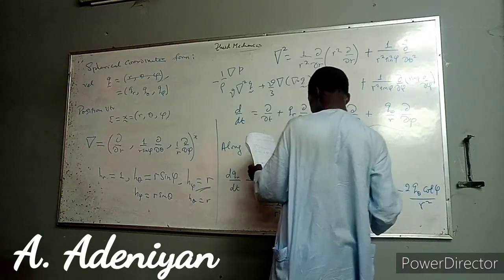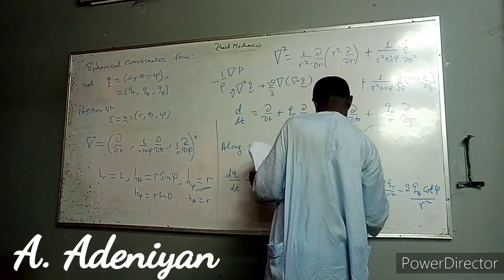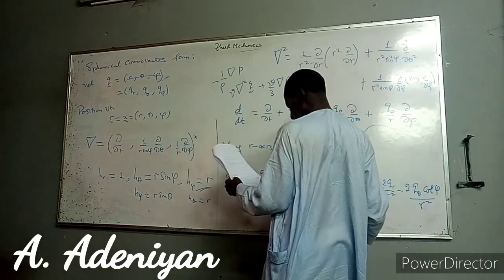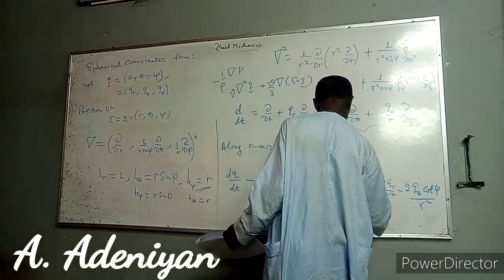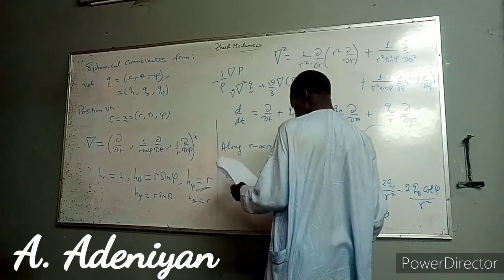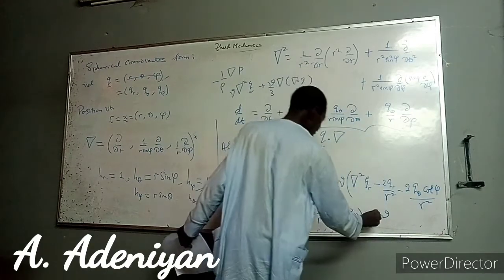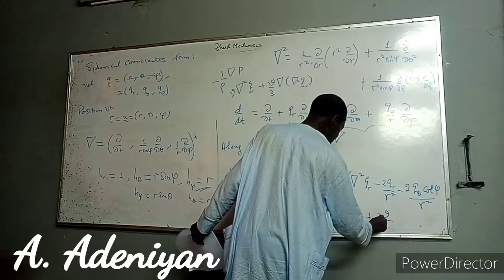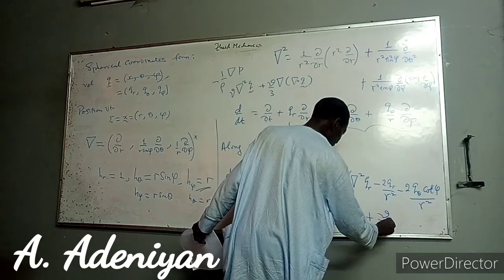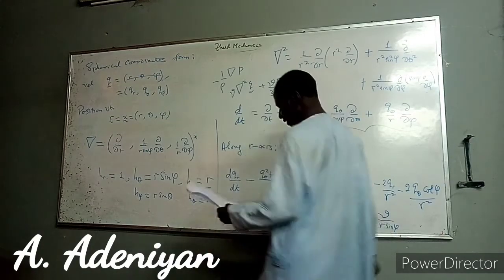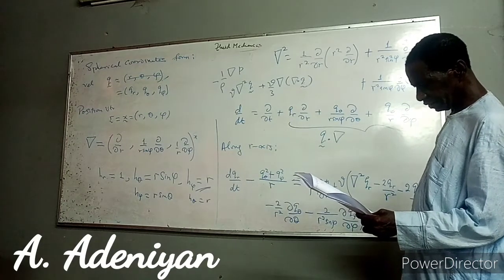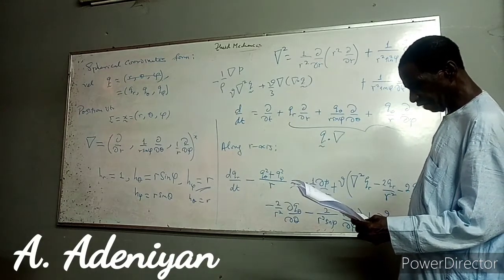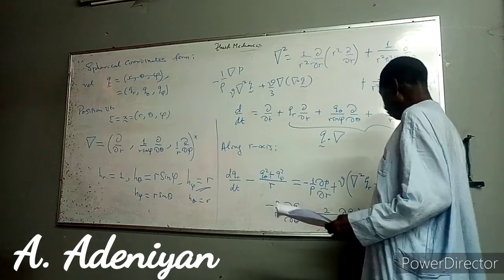So that is plus mu upon 3. But the scalar, that is r sin phi, because you multiply by the scalar underneath.